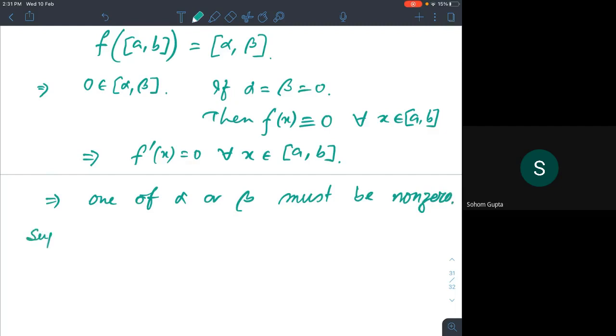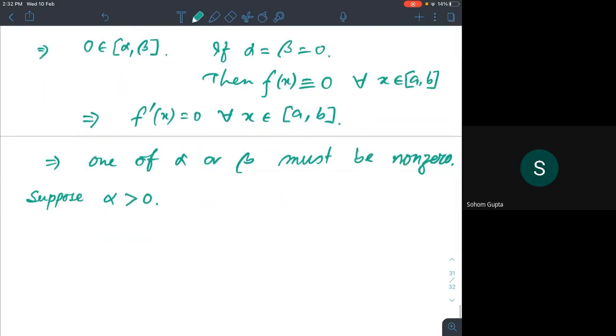Suppose alpha is greater than zero. So alpha or beta, one of them. Suppose beta greater than 0, you take alpha only.